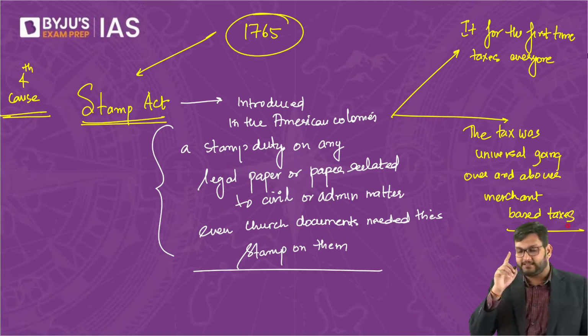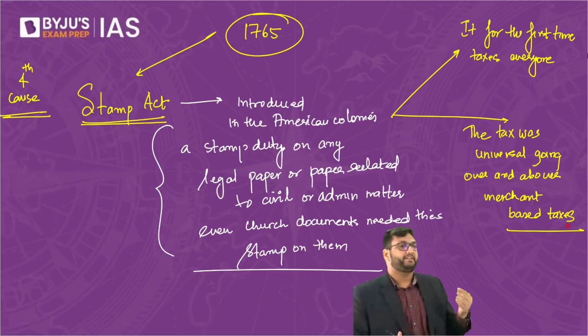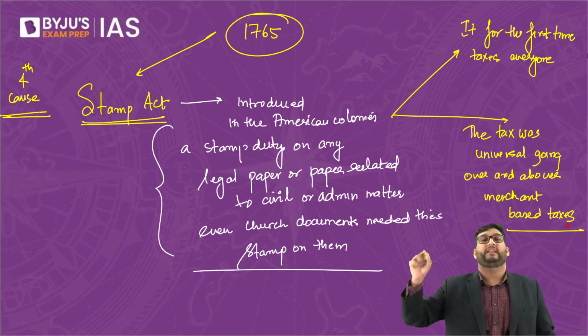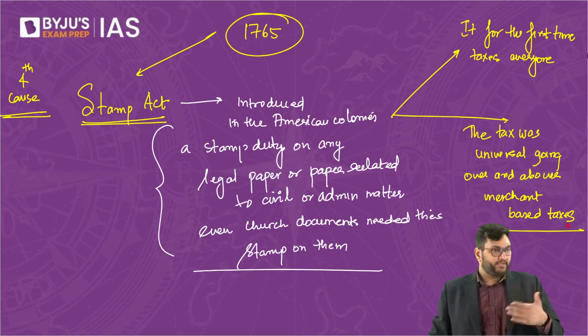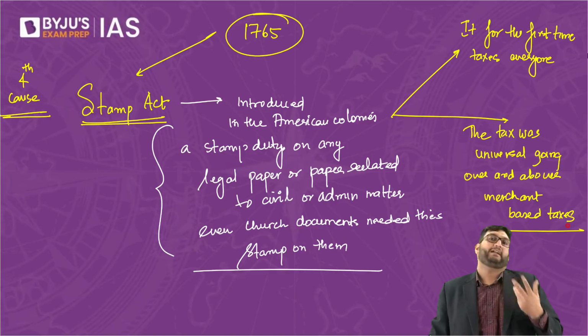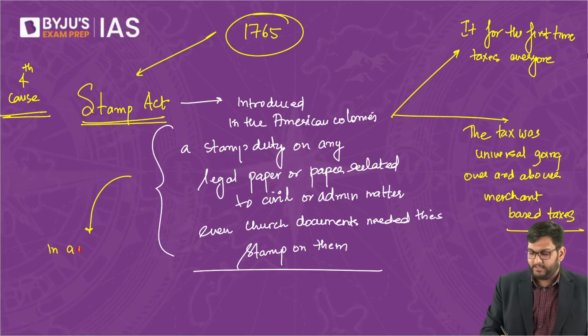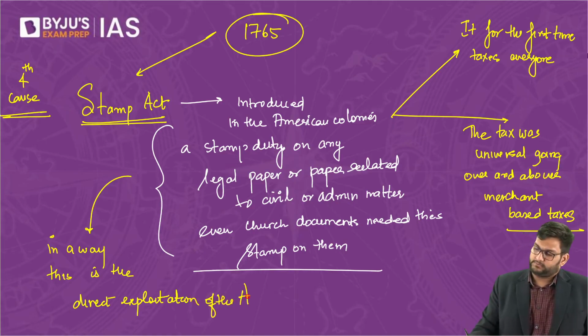And the Stamp Act, imagine today the government of India says that every A4 paper which you use, you have to give 1 rupee tax on every A4 paper which you use anywhere. This type of act impacts everyone. And in a way, this is the direct exploitation of the Americans.